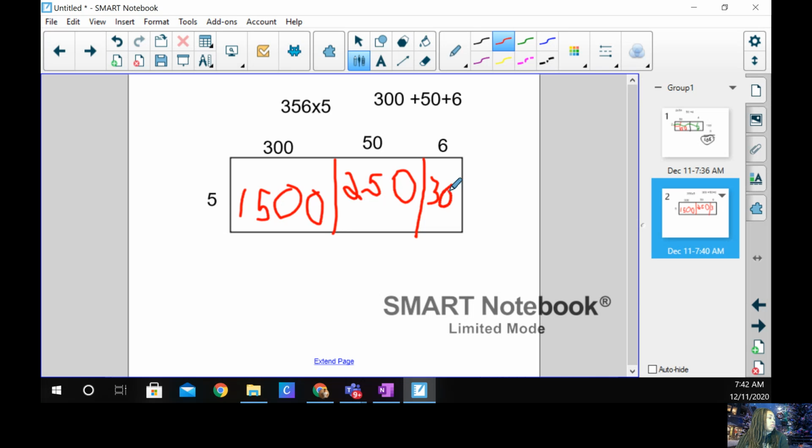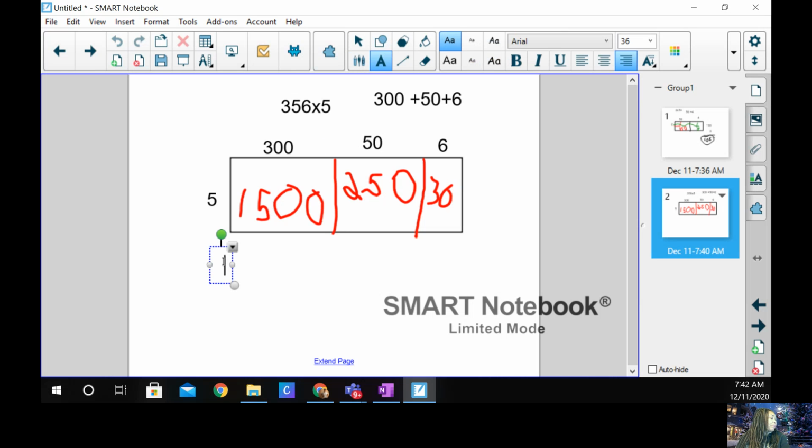And now I add it all up, and I get 300 plus 50 plus, oh, sorry, I was doing the wrong thing. 1,500 because we're adding what's in the box, plus 250 plus 30.